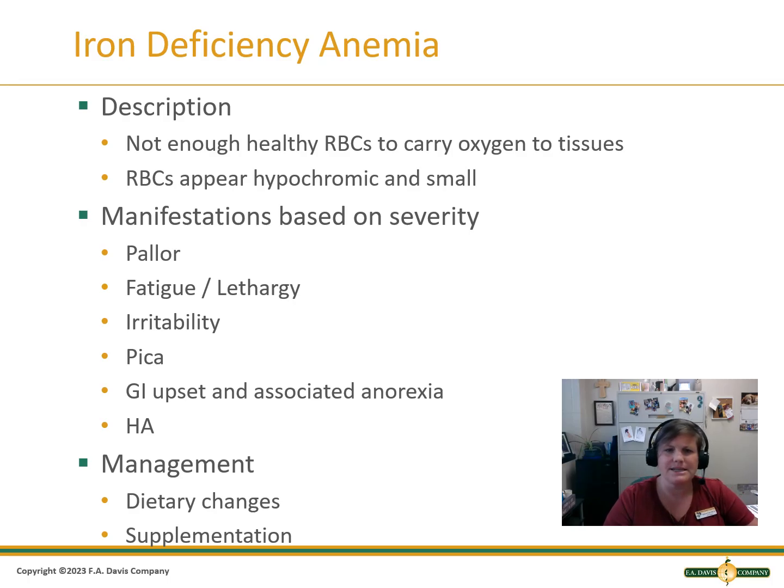So iron deficiency anemia, basically there's not enough of the healthy red blood cells that are needed for carrying oxygen to the tissues, and some of those red blood cells that they do have will appear small, or what they call hypochromic.